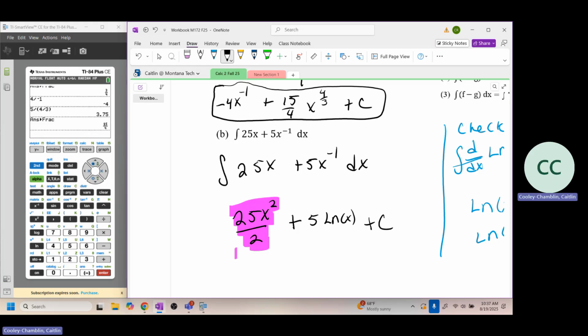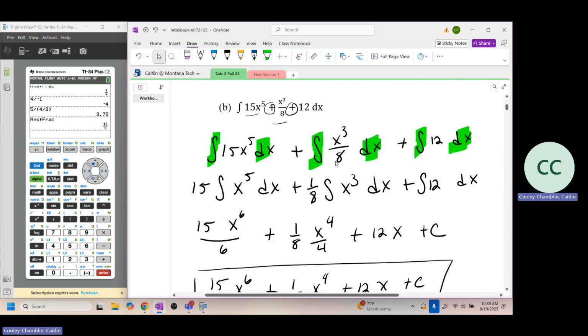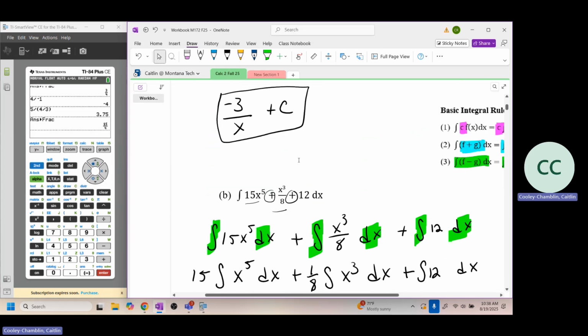If you're working on my open math, they may require a capital Ln of x or lowercase ln of x. It's kind of picky. Sometimes it'll tell you in the problem. All right, so all of these problems are really just coming up with what function gives me this derivative.